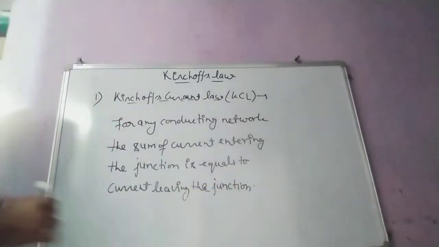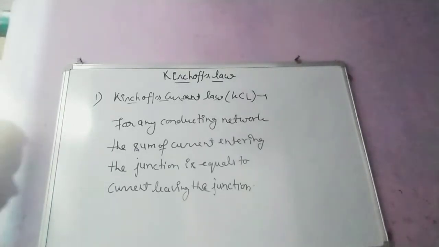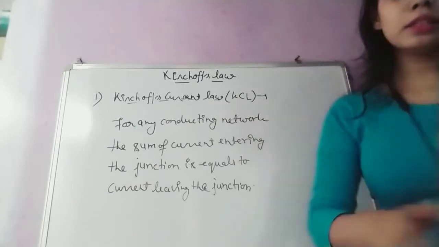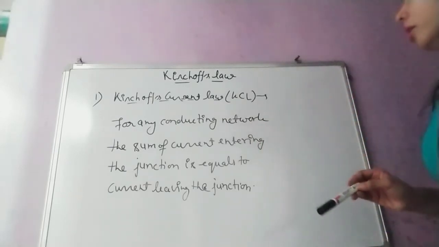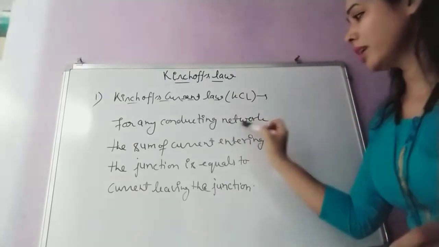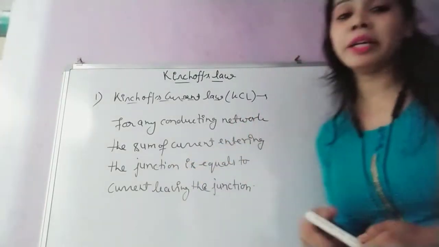So this is the first law, that the current entering the junction is equal to the current leaving the junction. See, here I have used those words, network, junction. That's why I explained them earlier.